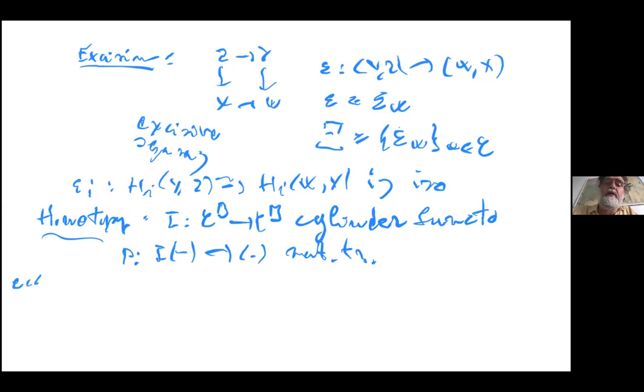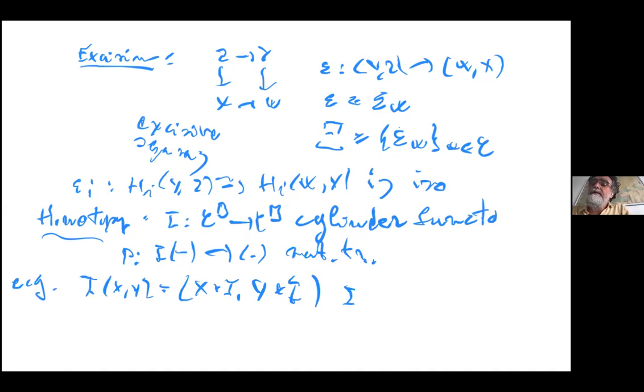For example, of course, you can take I(X, Y) to be X times I, Y times I, for I an interval object. Again, interval object is a very weak interval object in this sense, and then you can define when two maps are homotopic under the cylinder in the canonical way.